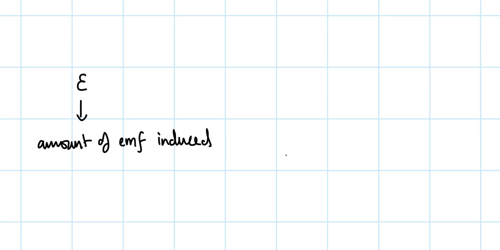See, when I say within the coil, it is actually along the path of the coil. Okay, so the EMF is induced along the path of the coil. So it is actually in here. It's this path of the coil along which the EMF is induced.